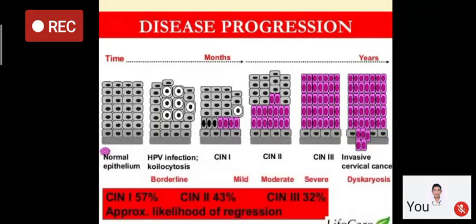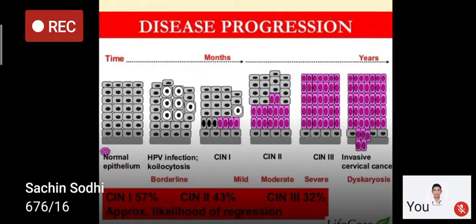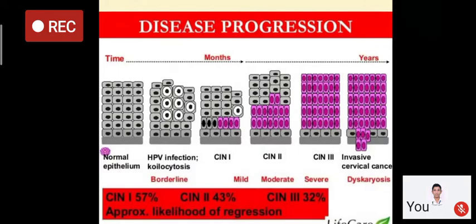Then in CIN3, the whole of the cervical mucosa is involved with koilocytosis, and if it invades the basal membrane, then it leads to invasive cervical cancer. The progression from onset of HPV infection to CIN1 takes months, and from CIN2 and CIN3 to cervical cancer itself takes years, 10 to 12 years.